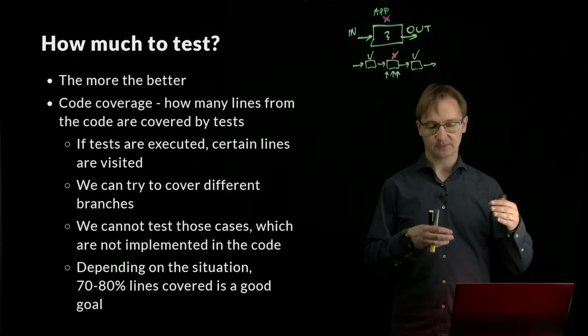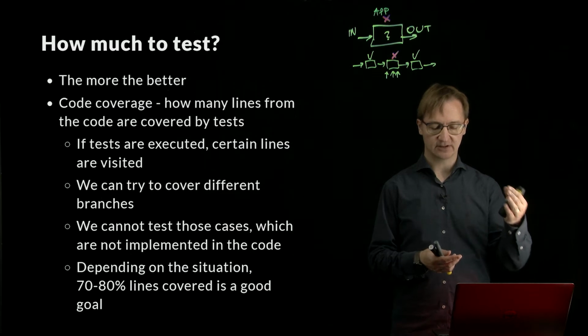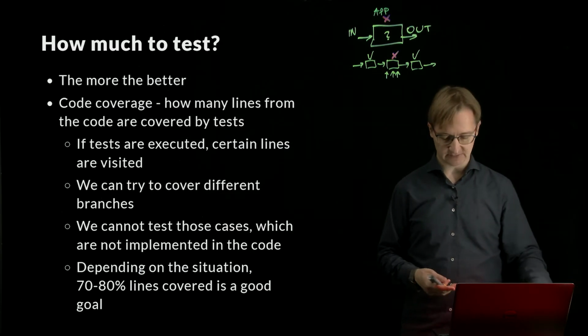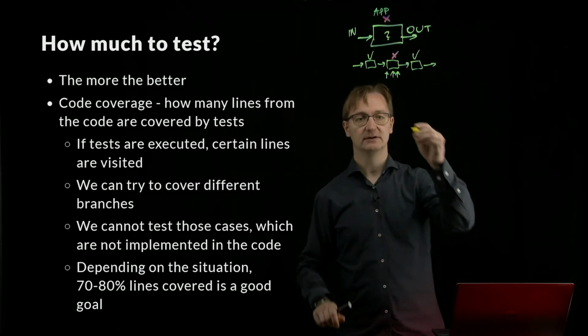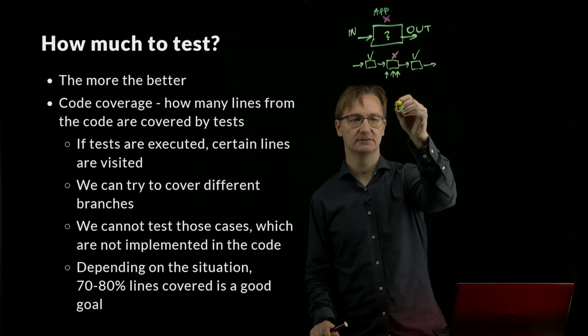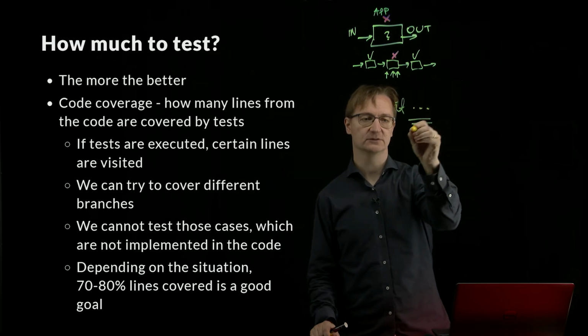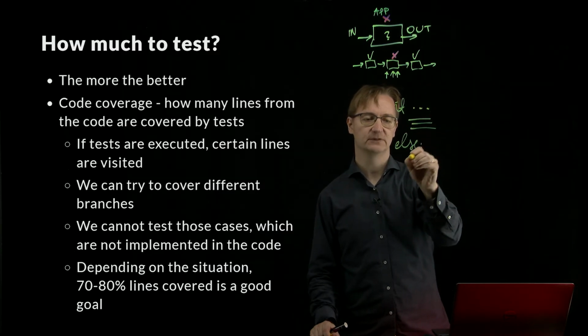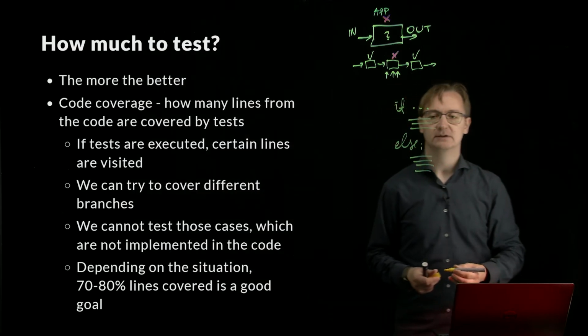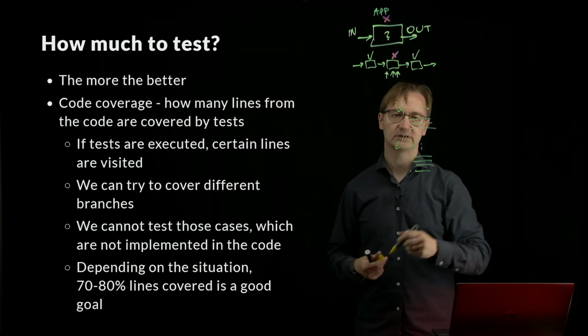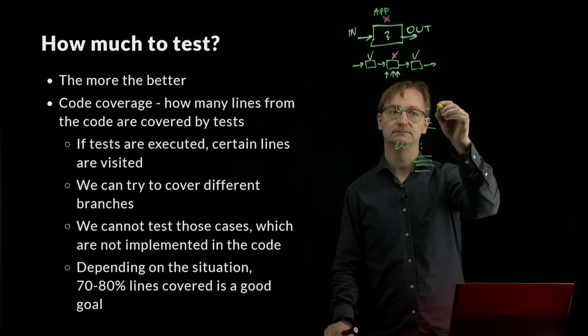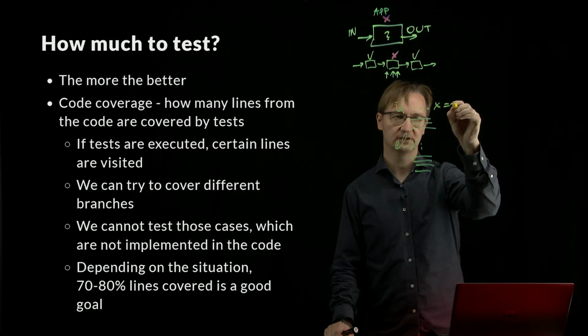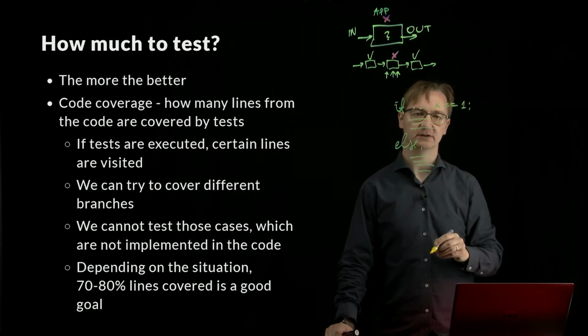So if I execute my tests, certain lines are visited. So if I have, for example, a code where I have an if statement. So if something, then do this, and else do this. Now if I test my code, let's say the input is x. If x is 1, do something like that.